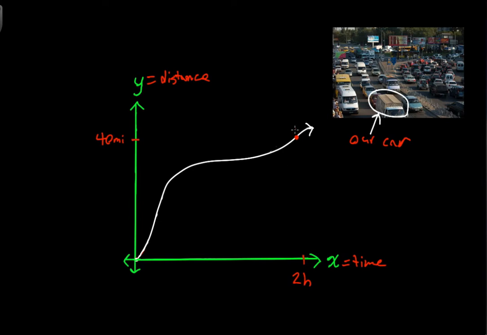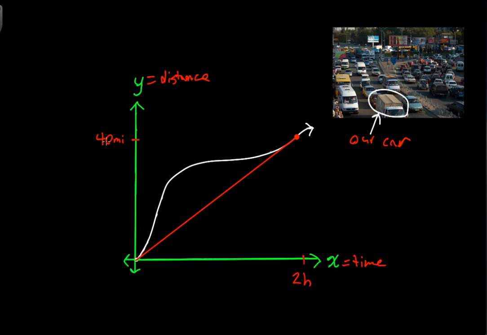But when we look at this point, what can we say? We can say, oh, what was our average speed over the entire trip? If we don't have a speedometer, what can we say about our speed? We can say, oh, well, from the start to 2 hours in, we went 40 miles total.